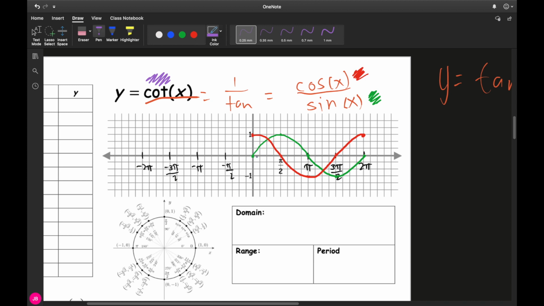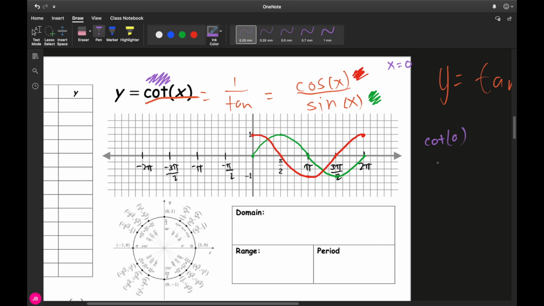If cosine is going to be my numerator and sine is going to be my denominator, let's start at x equals 0. We're looking for cotangent of 0.